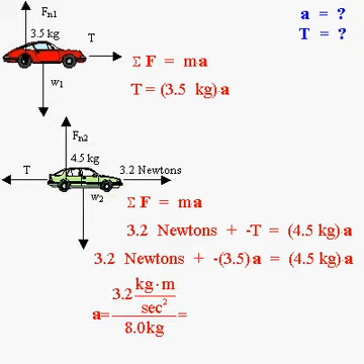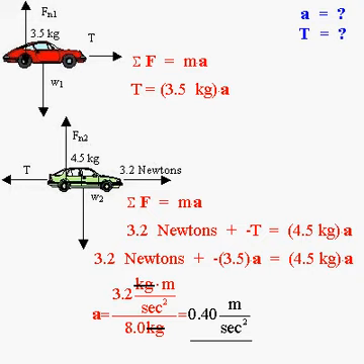When we solve for A, we find that A equals 3.2 newtons, which is a kilogram meter per second squared, divided by 8.0 kilograms. Kilograms cancel, and we find that the acceleration is 0.40 meters per second squared. It's positive because this whole system is accelerating to the right.